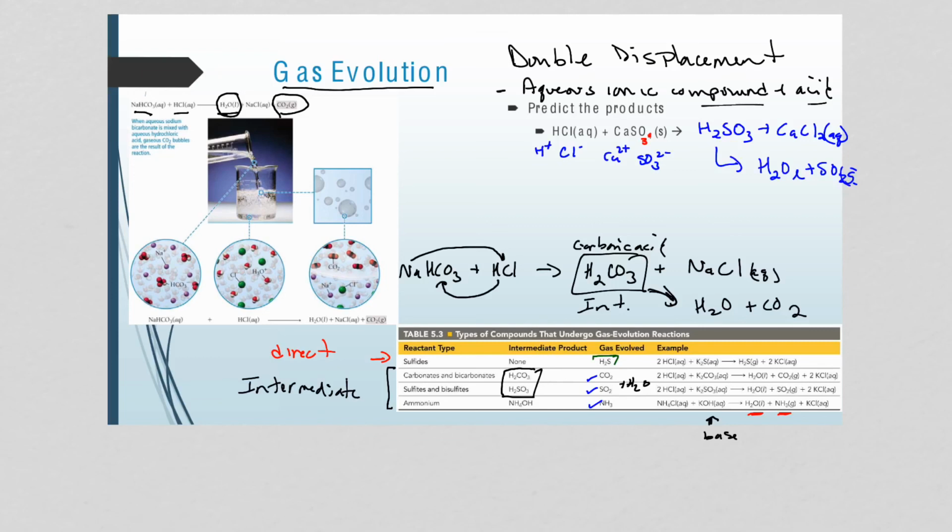And so my overall reaction, of course, is going to be HCl plus CaSO3, and we added it in a solid form as opposed to an aqueous form. It's going to break down to give you water, SO2, plus the calcium chloride aqueous.